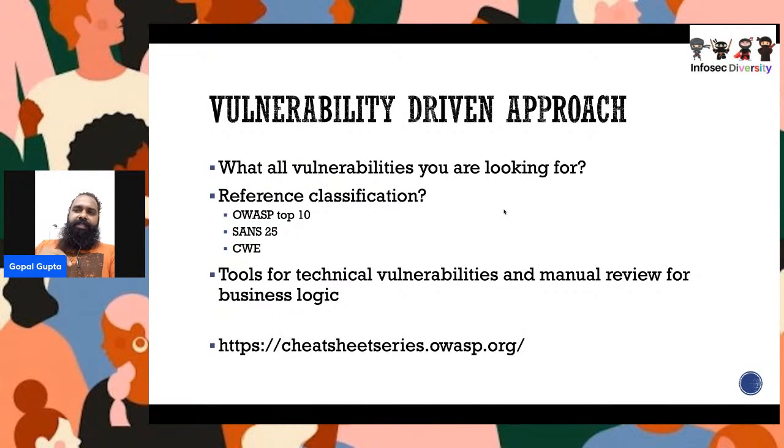This approach is quick because you are using automated tools, but the analysis time for this kind of approach is slightly higher, because for each and every vulnerability you have to go and check whether we are doing the validation at the right place or not.